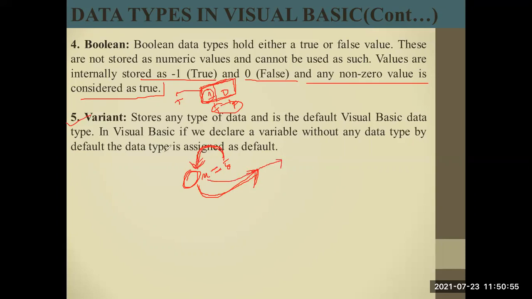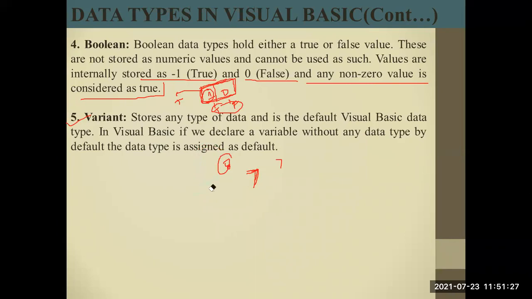If someone forgets the data type of a variable, by default it will take the data type of the value assigned to that particular variable. Whatever value is assigned to that variable will determine the variable type. In Visual Basic, if you declare a variable without a data type, the default data type assigned is the variant type.